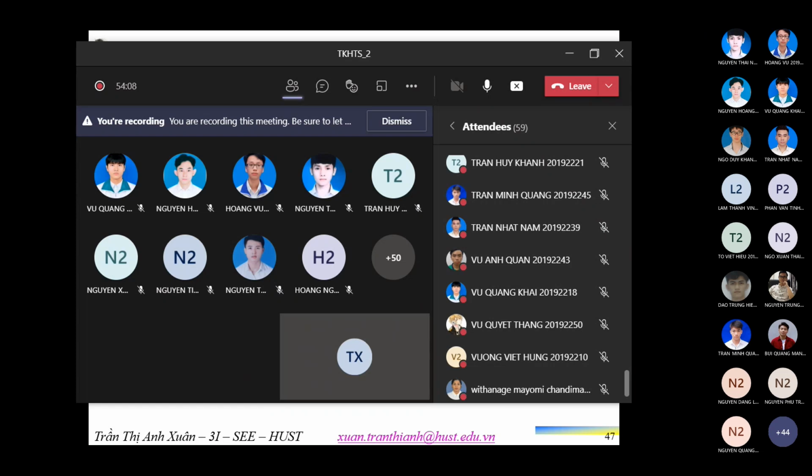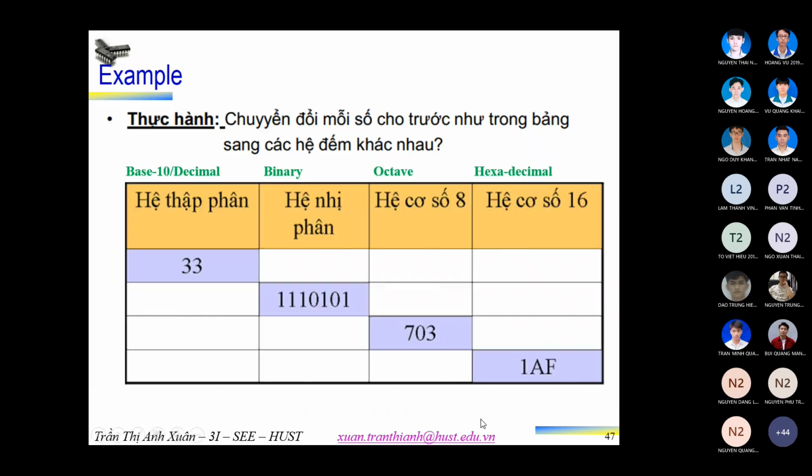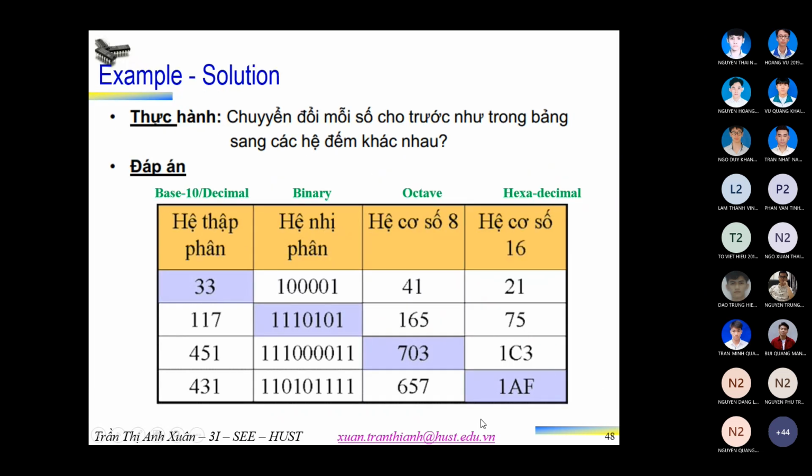As for the result of Vũ Quang Khải, you have only the first row correct, and the others are false. Okay, so that is the solution of this example.